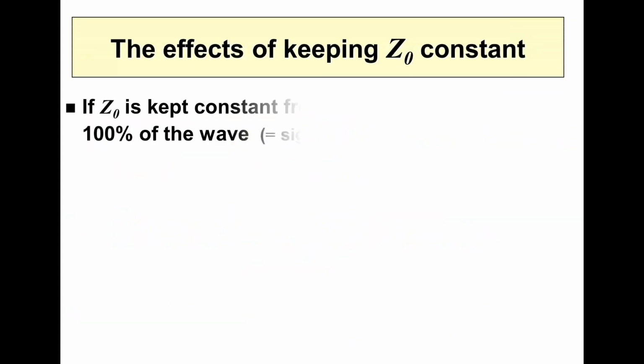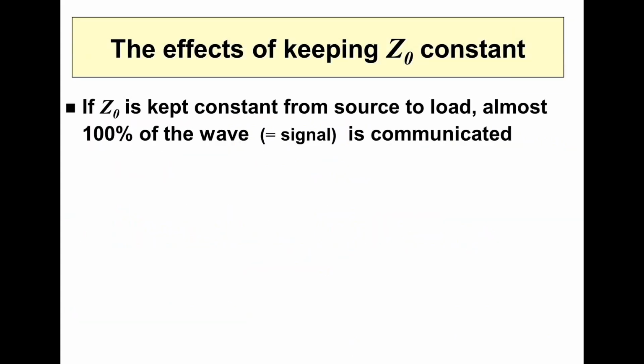So, if we can keep the L and C the same from point to point, and keep the Z0 constant from the source to the load, then almost 99.999% of the wave, or signal, or our power is communicated. Wonderful. And we know this is matched transmission line design.